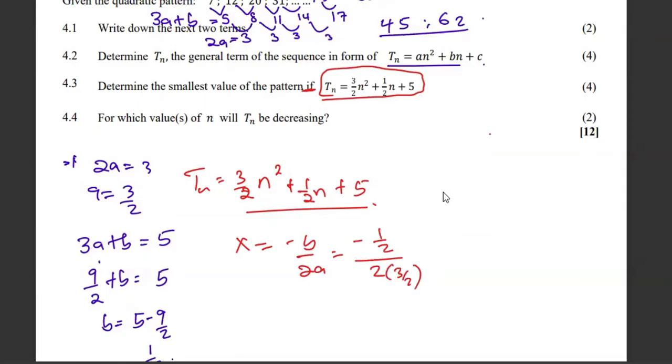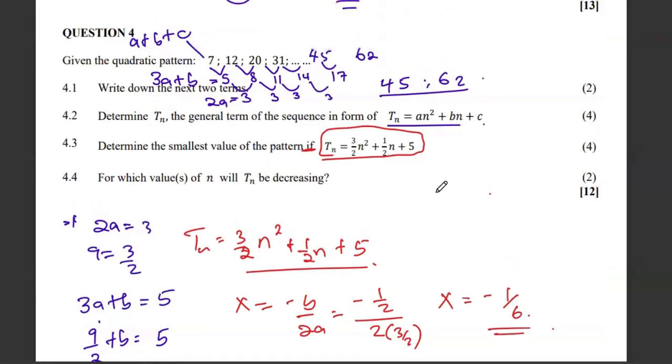When I punch this into my calculator, we have negative 0.5 over 2 times 1.5. Then I'm getting negative 1 over 6. So when x is negative 1 over 6, that's when we are getting our minimum value.